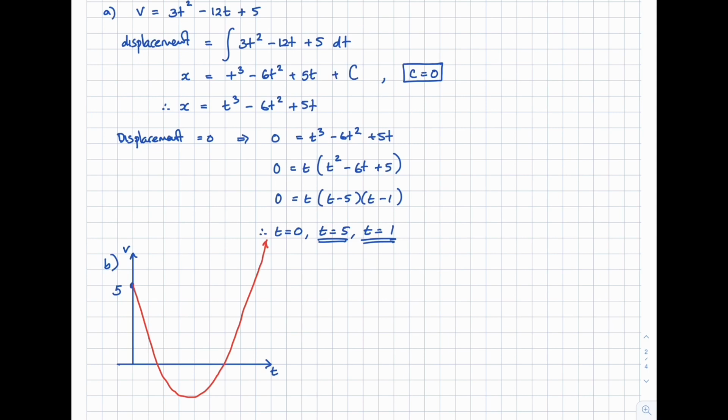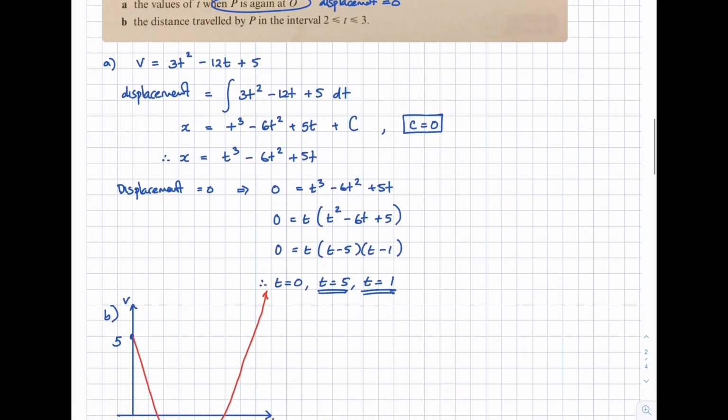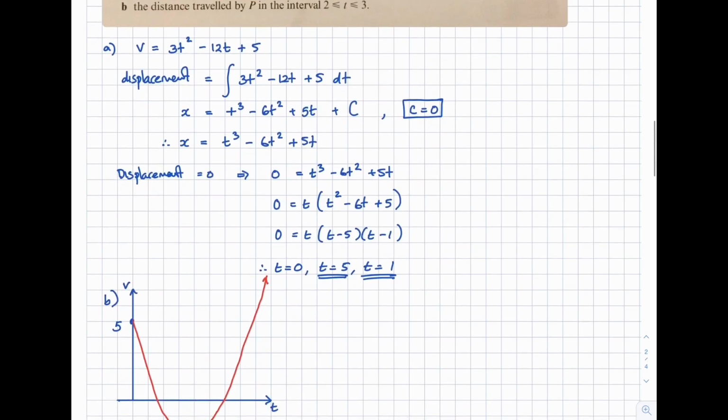Now remember, this is in context, so as you can see over here, on the left hand side, I've started the graph at 5 along the y-axis. Okay, so this is the part of the graph that you only need to draw. Now we're interested in calculating the value of the distance travelled in the interval 2 to 3 seconds.